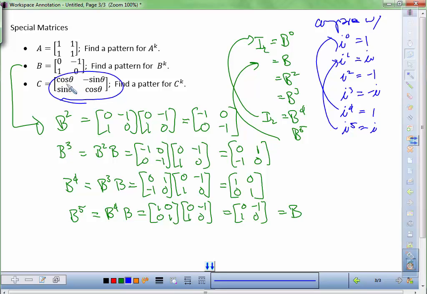What's cosine of pi over 2? 0. What's sine of pi over 2? Sine of pi over 2 is 1. So it does have something to do with sines and cosines, and it does have something to do with imaginary numbers. Pretty cool, huh? That's all I need to say about that.